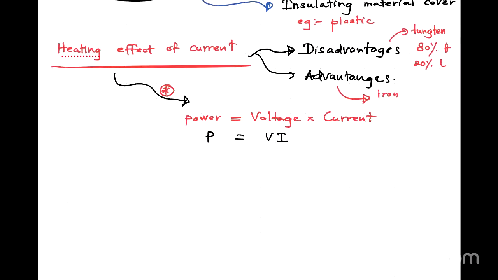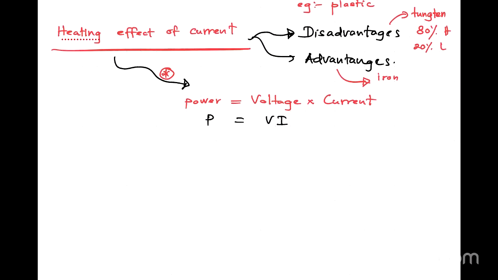Remember it. Just remember one or two equations, then you can derive the other equations, right? So we'll discuss the equations later on. In this sort of equation, definitely two terms will be given, and the third term is to be calculated, right? So this is the first equation that you need to remember.